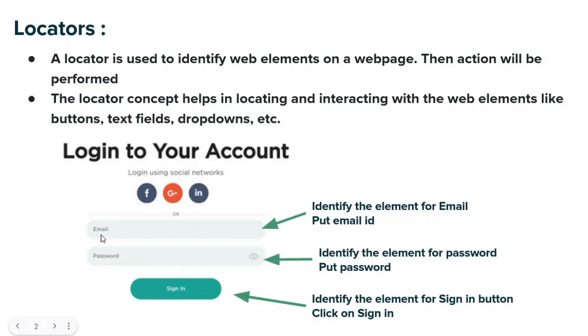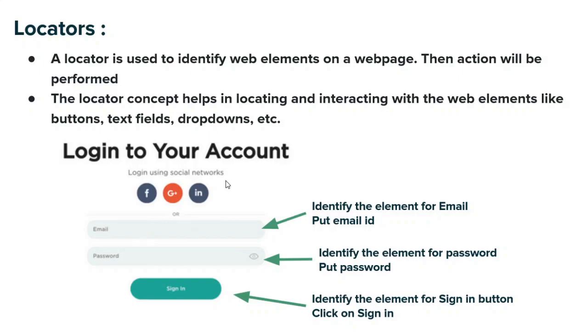After identifying the email element, I can pass the email in it. After identifying the password field, I can pass the password in that field. Then I can locate the sign in button and click on it. So these are the steps involved.